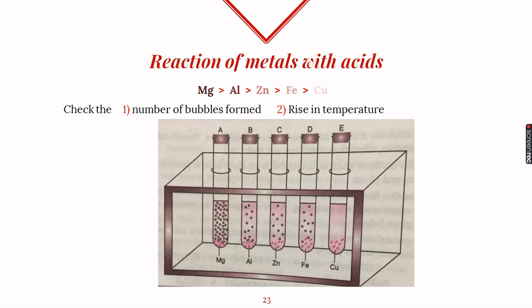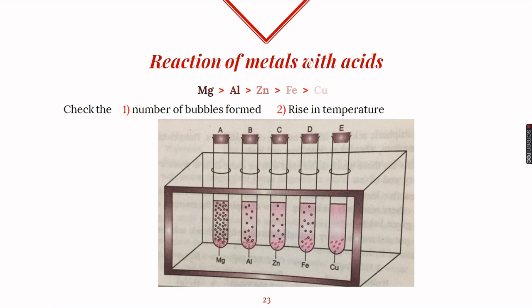This is an activity that shows that different metals at different positions in the activity series react with different vigor. So here we have taken 5 test tubes, and in all 5 we have taken the same acid with the same concentration. Let's say we have taken hydrochloric acid in all the 5 tubes, and we have put magnesium, aluminium, zinc, iron and copper in these 5 test tubes.